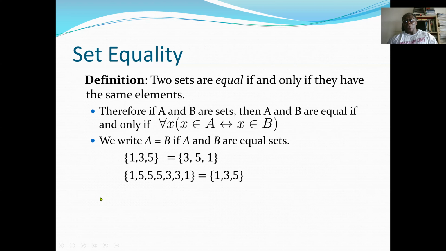So 2 sets are equal if the elements in both sets are the same, and you will say if and only if they have the same elements. Therefore, if A and B are sets, then A and B are equal if and only if both of them have the same elements. So we say for all x, x belongs to A if and only if x belongs to B.